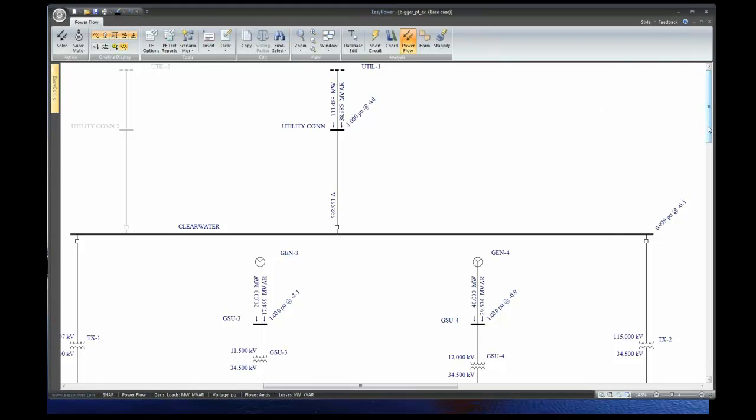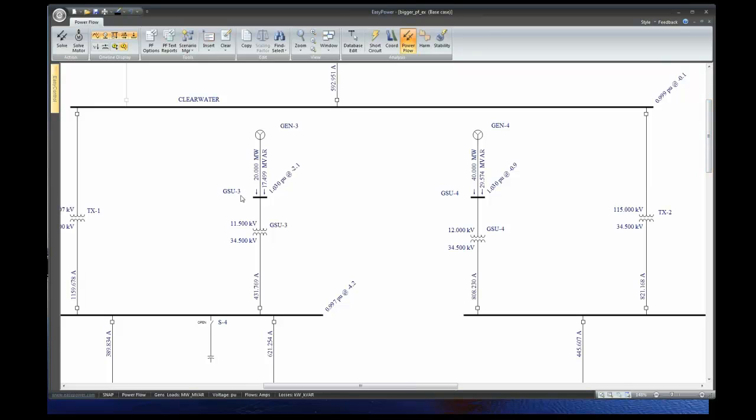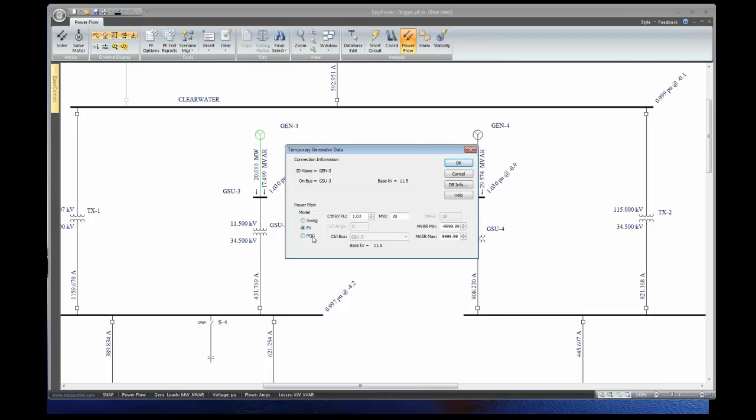Okay, so the other place the voltage is set is at the generator bus here. If I go look at my generator data, when I'm in PV mode, which is regulating voltage, I tell it I want 20 megawatts, but I want to regulate the voltage at this bus, GSU3, I want to regulate that to 1.03.